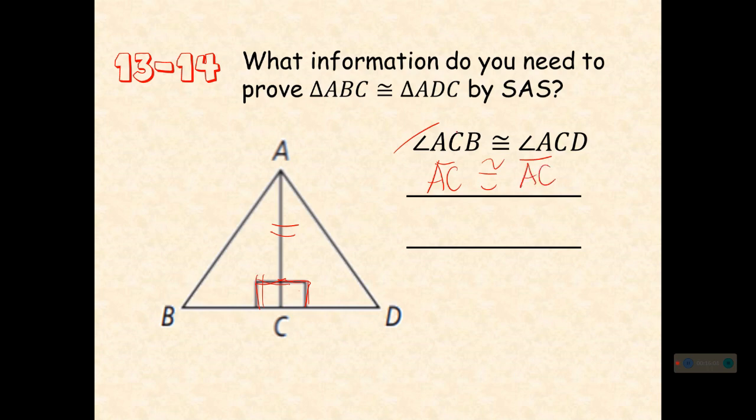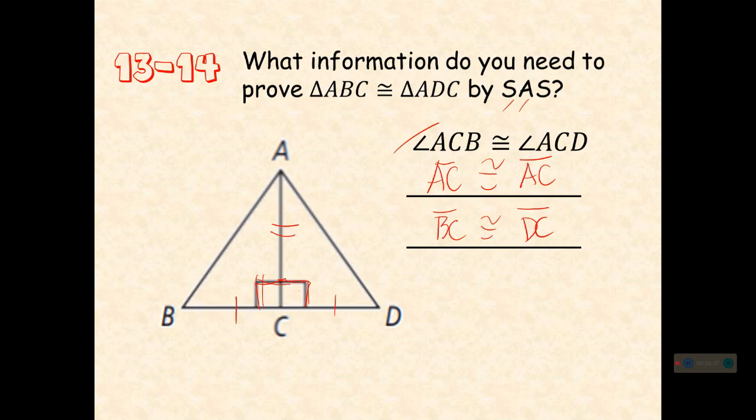Okay, so we already have this angle and then the side. So what will be the other side that should be congruent so that these two triangles are congruent by SAS? Okay, good. So we have here segment BC is congruent to segment DC is correct. Okay?